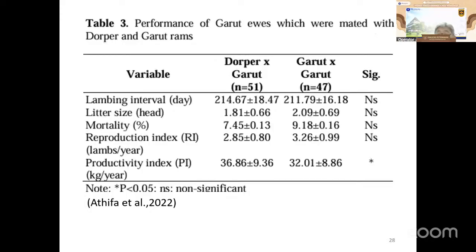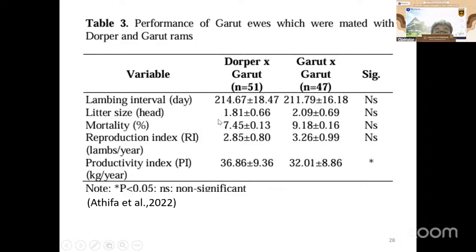This table shows that except for litter size and reproductive index, other parameter performances are better for crossbred than Garut sheep. You can see here, for lambing interval days, Dorper crossbred is 214 days, and Garut origin 211.